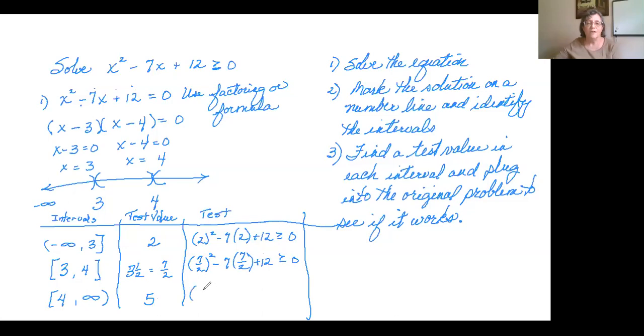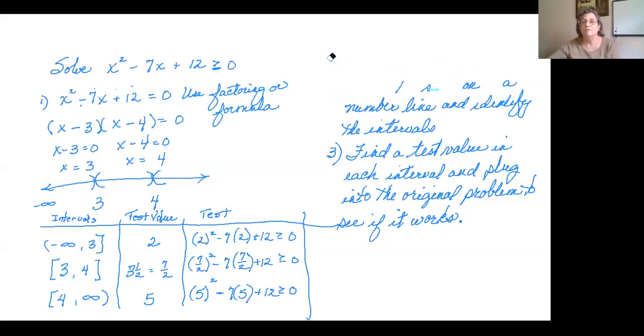If I plug in a 5, I've got 5 squared minus 7 times 5 plus 12 is greater than or equal to 0. Now, I'm already at the point where I'm ready to plug in the test values as I've written them in and see if it works. So I'm going to erase all this, so I'll have a little bit more room to work here rather than going to a different screen.